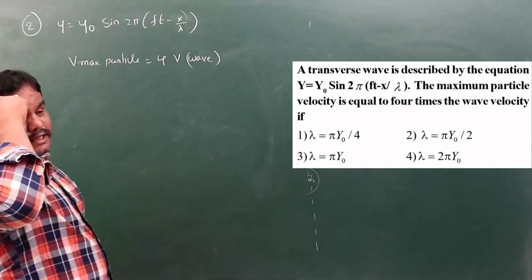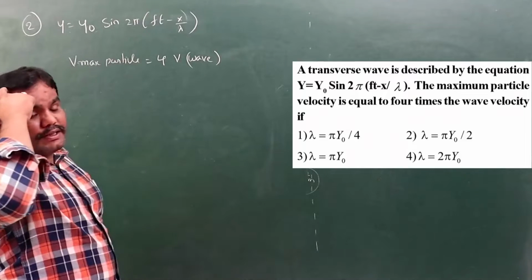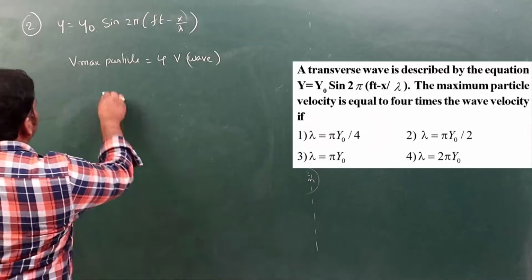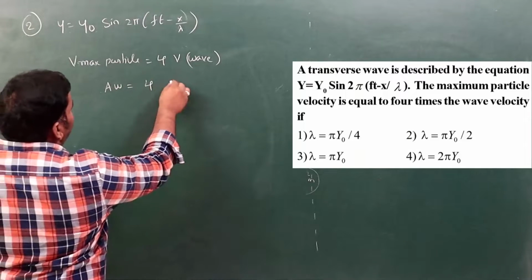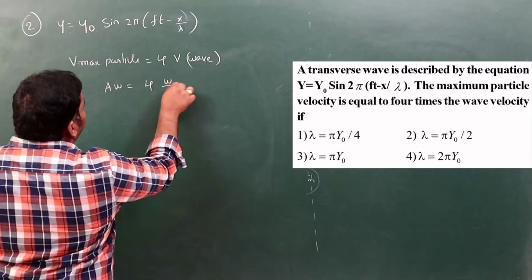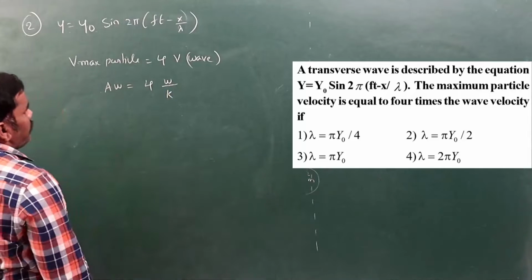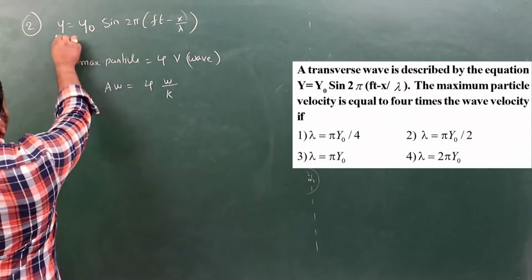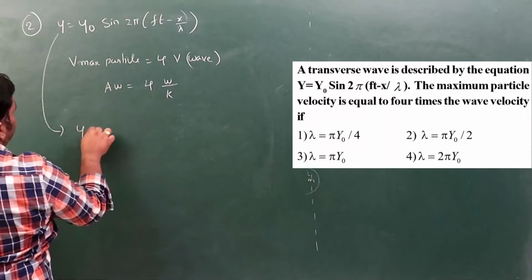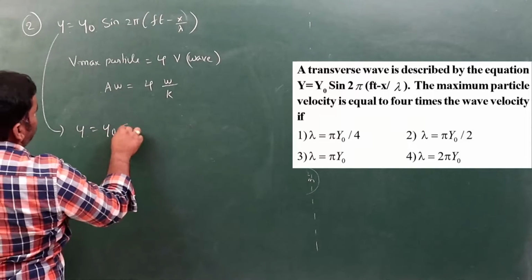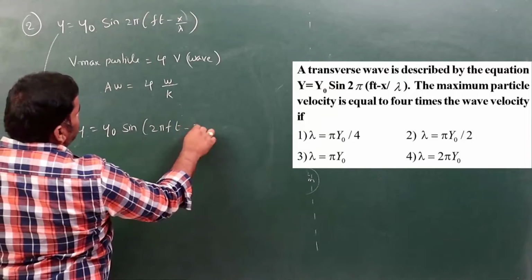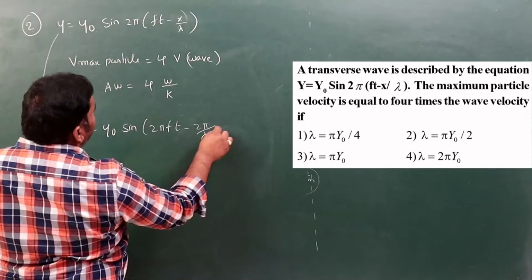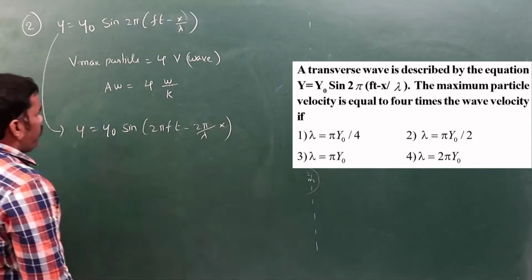So we know that in SHM the maximum particle velocity at the mean position, V max, is equal to A omega, that is equal to 4 times the velocity of the wave, which is omega by k. Okay. So here the given equation is y is equal to y naught sine of (2 pi ft minus 2 pi by lambda into x).